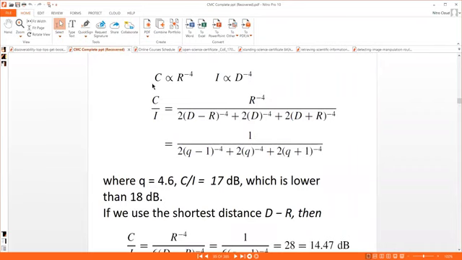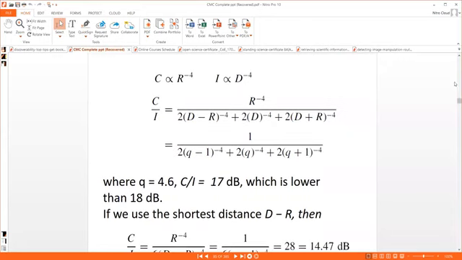Whenever we calculate this value, we calculate with respect to C by I, that is carrier to interference ratio. Let us take this formula and substitute these values. When you substitute these values here, you can see this R power minus 4. This is with respect to the values what we have for the worst case.